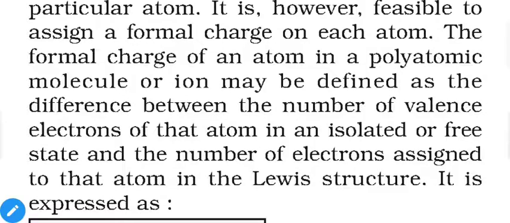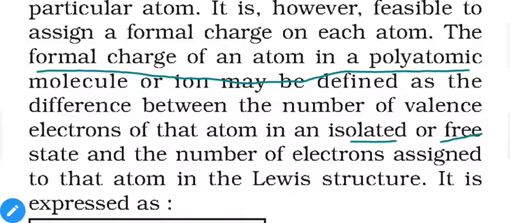Now let us see what the definition says. As mentioned here, to find the formal charge of an atom in a polyatomic molecule, first of all you should have knowledge of the valence electrons of that atom in the isolated or free state. That means when this atom is not attached to any other atom. When you have only a single free atom, it is called the isolated or free state of that atom.